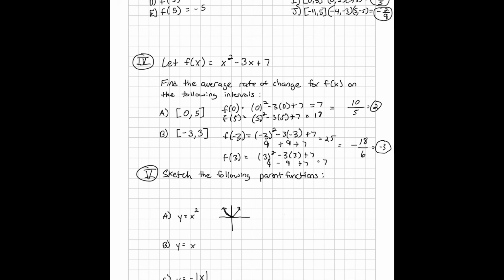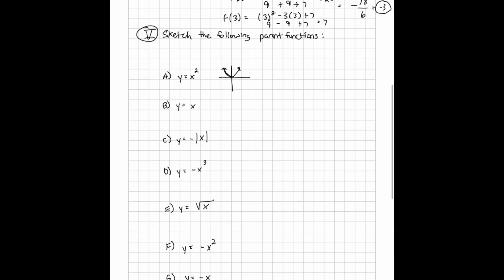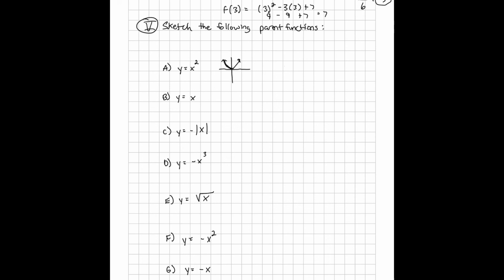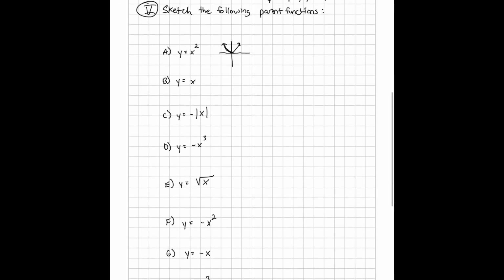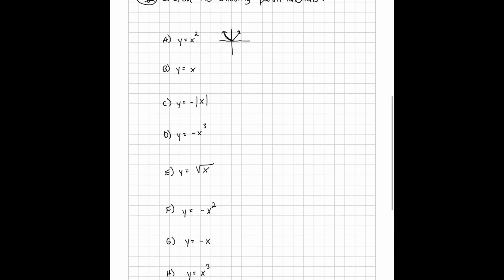Okay. On this fifth part, we just want to do a sketch beside the parent function. So B is just a line going through the origin. C is an upside down V. And that's a negative cubic going downhill through the origin.